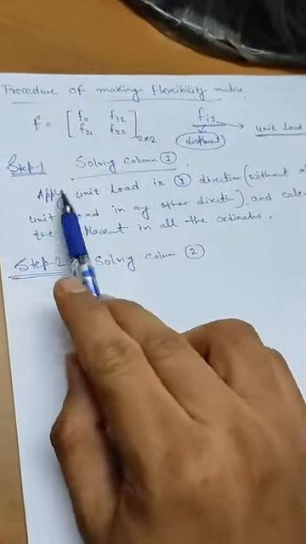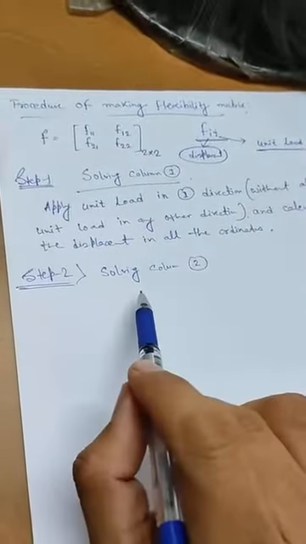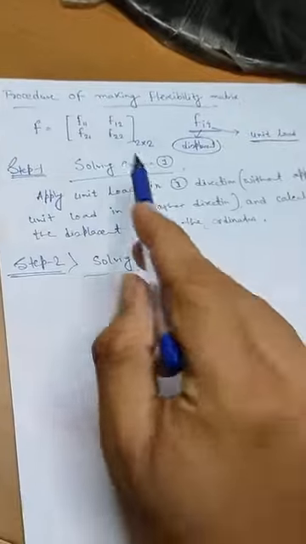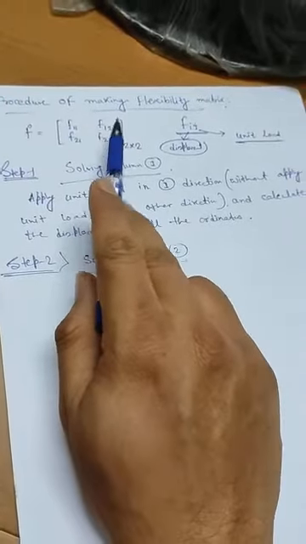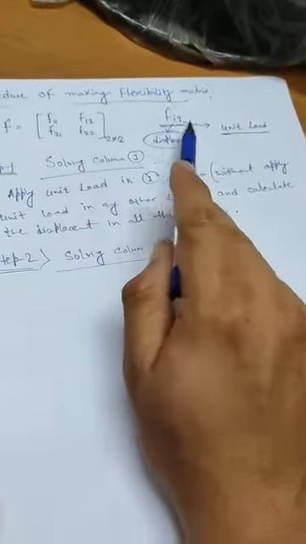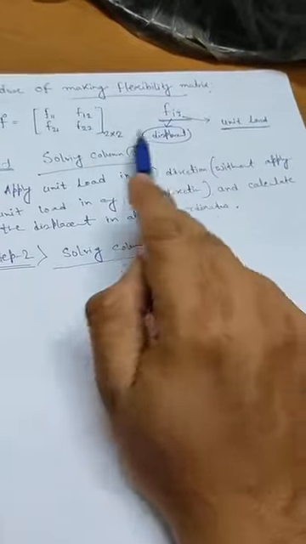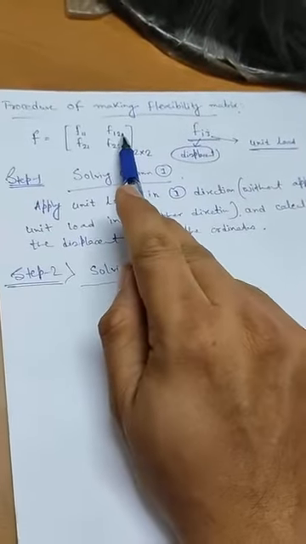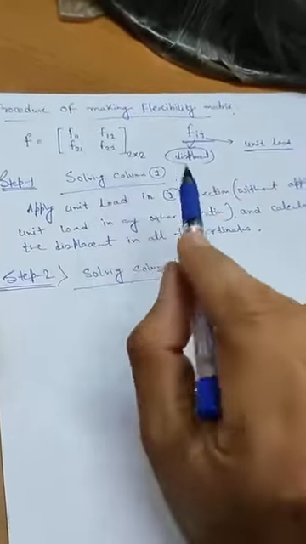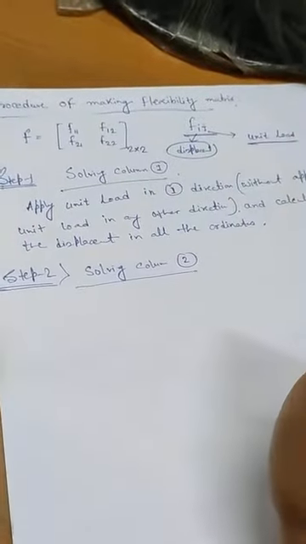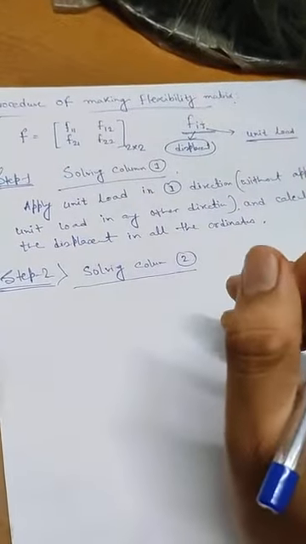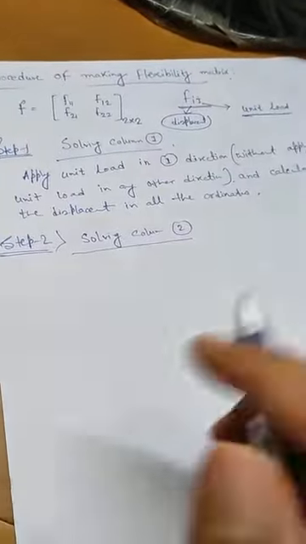we have to apply unit load in direction 2 only, right? We have to solve column 2, so we apply unit load in the 2 direction only, without applying unit load in the other direction, of course, and then we calculate the displacement in all other ordinates.